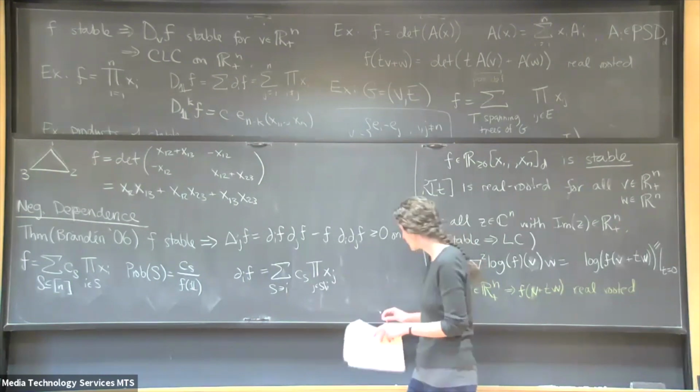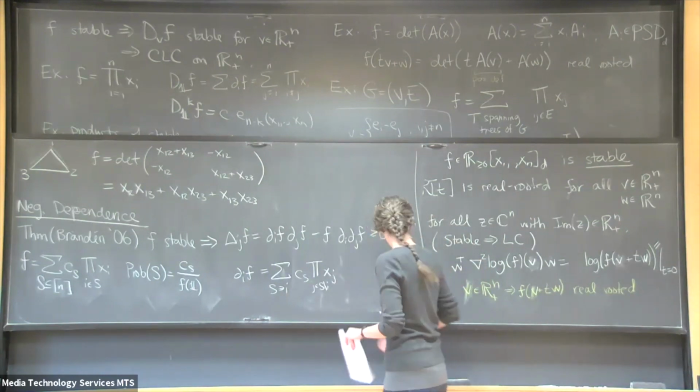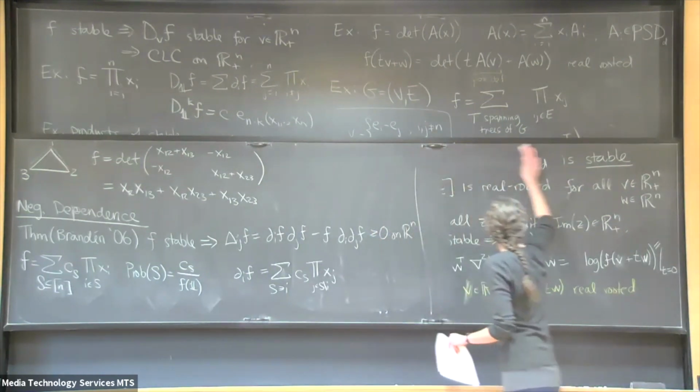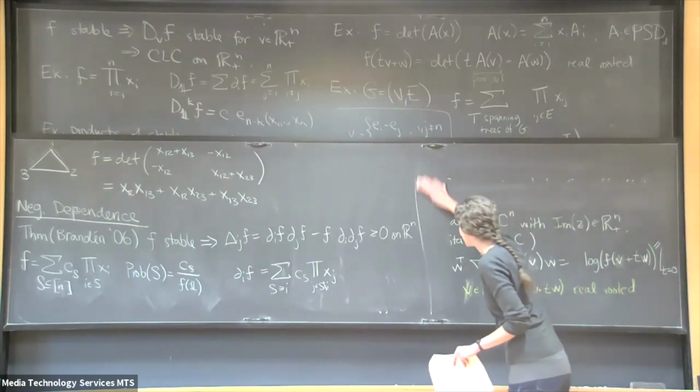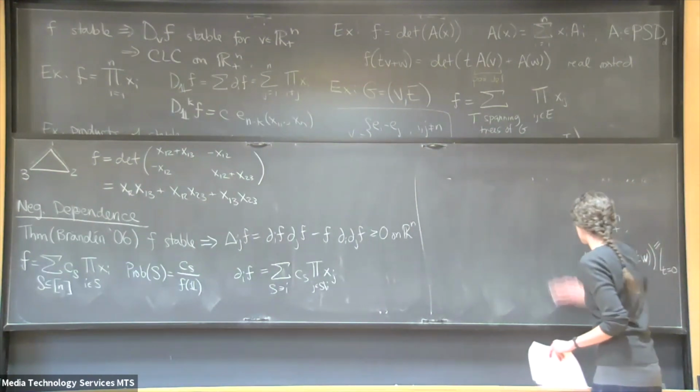And in particular, if you evaluate this at 1, what you get is the probability that i belongs to your set.